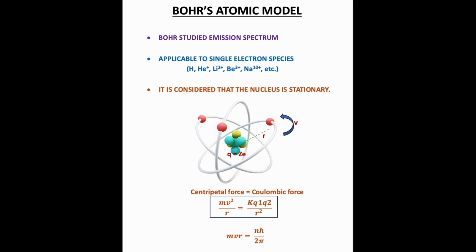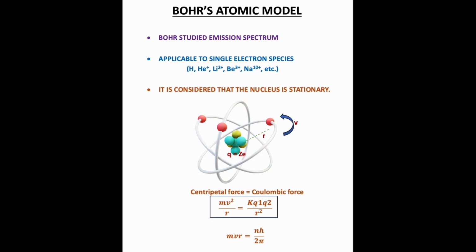we get a spectrum, and in other words we get the spectral line. Now what we can conclude is mv square over r is equal to k ze square over r square, and as per Bohr, mvr is equal to nh upon 2 pi. That means the angular momentum of the electron is quantized because the electron actually exists in certain orbits which carry a fixed amount of energy.